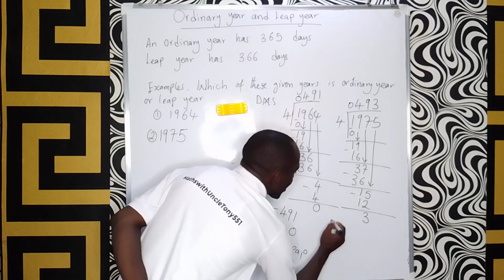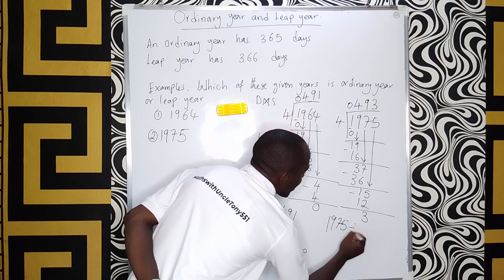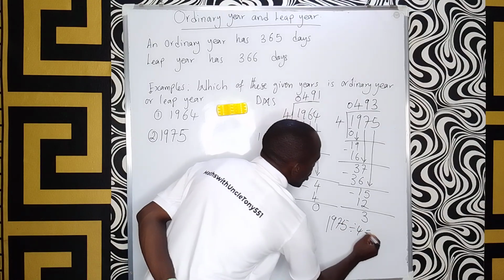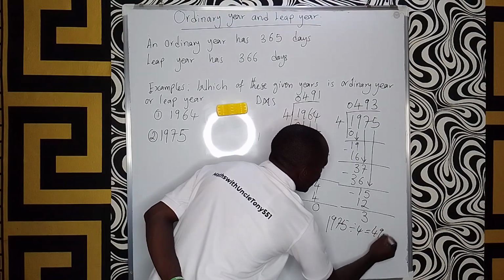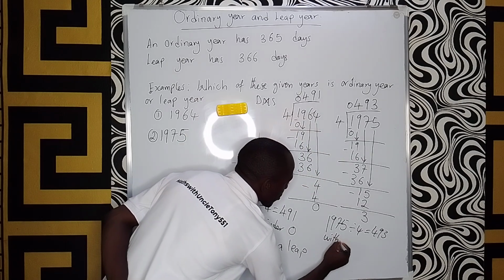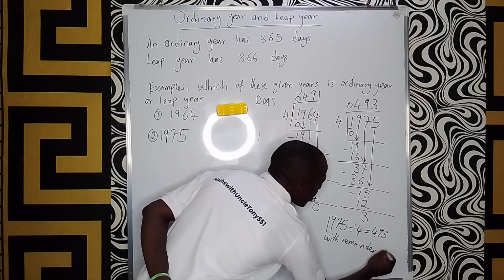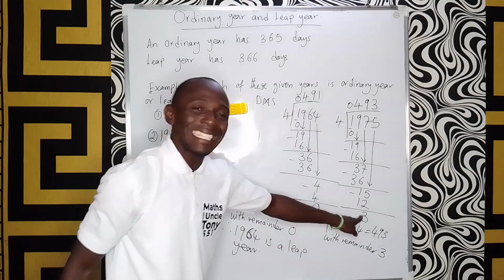So, therefore, 1975 divided by 4 is equal to 493, with remainder 3. We have remainder 3.